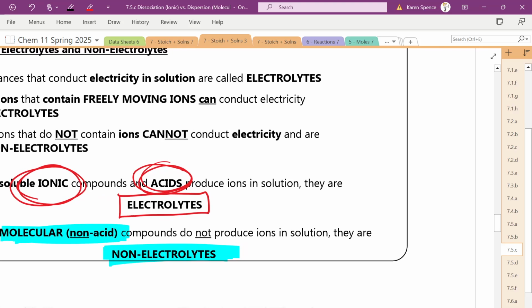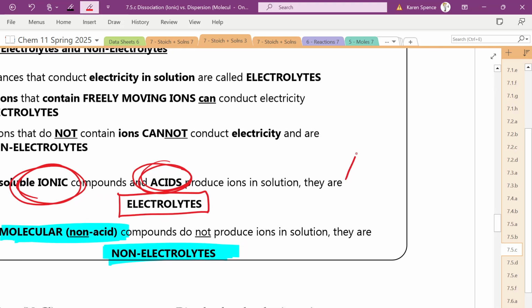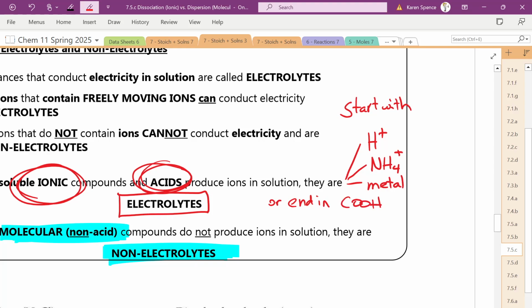How do you know if it's ionic or an acid? That's going to start with H+, NH4+, or a metal. Or it's going to end in COOH. So those are all your electrolytes.